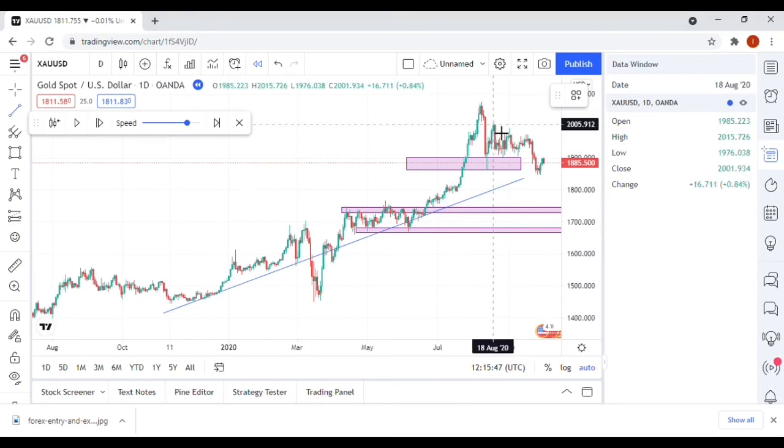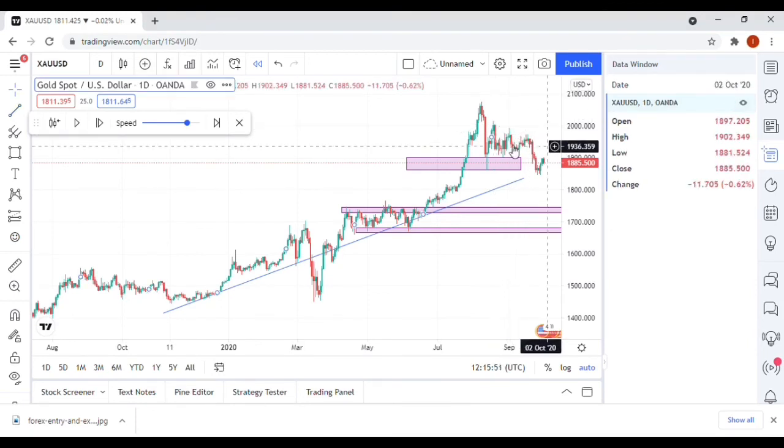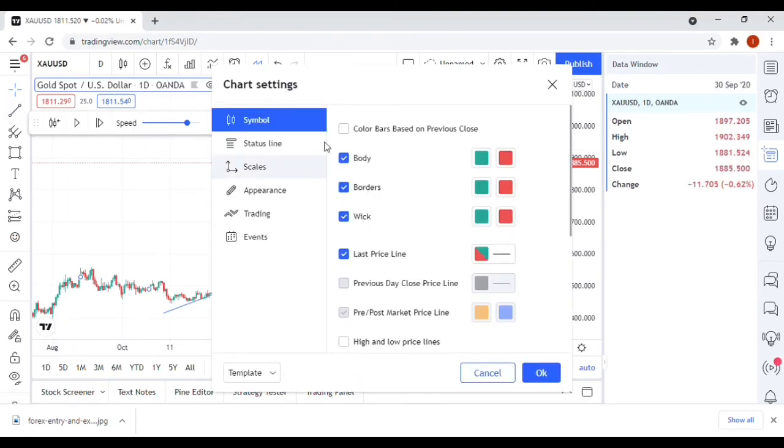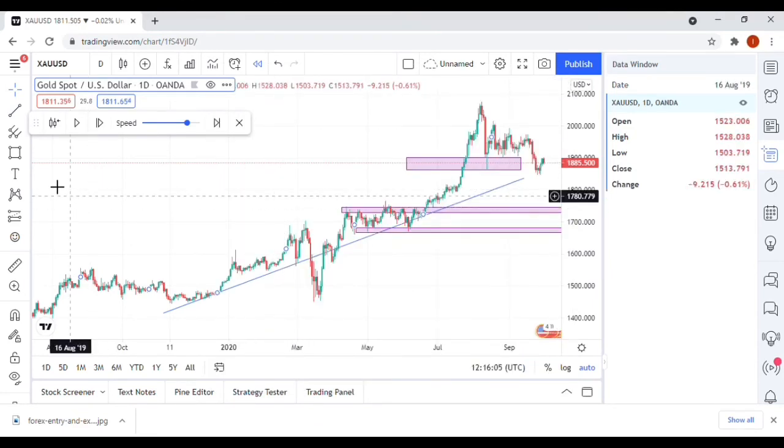Let me just, one moment. What's going on now? Okay. Basically what is happening here, there's something called a triangle formation that is actually forming right after this retest.